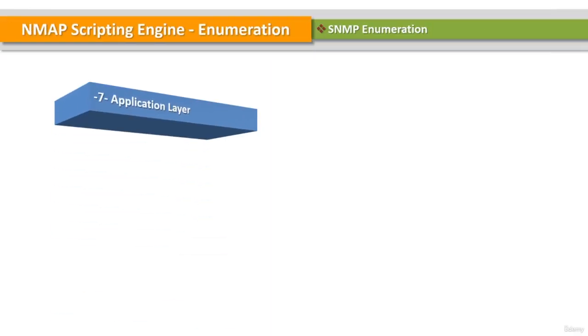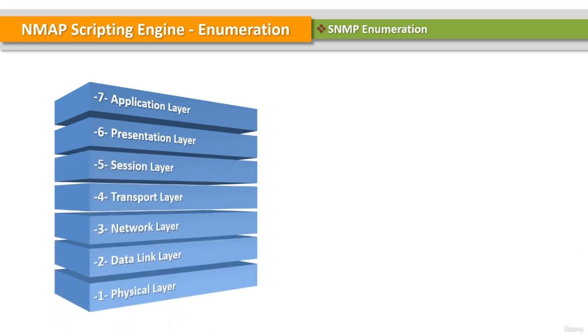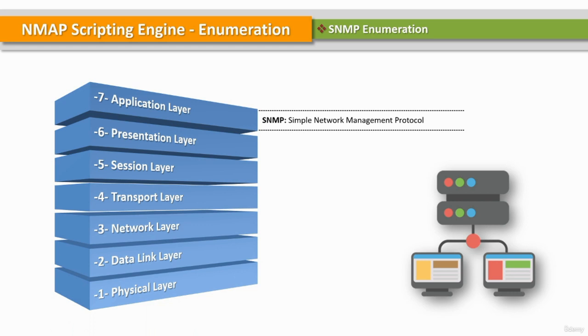So in this lesson, we're going to learn how to perform SNMP enumeration with Nmap. What is SNMP, you might say? Well, SNMP is also known as Simple Network Management Protocol. And as the name suggests, it is a simple application layer protocol that helps a network administrator while managing the network.